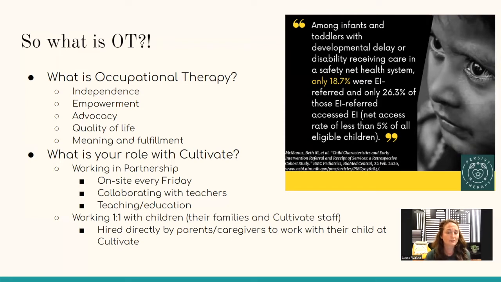And this looks different for each child depending on their specific abilities, and obviously differs as children go through different stages as well. So with babies, some developmental milestones that you might think of, and developmental milestones are when we're finding independence and finding function in our everyday life. So that's kind of how you can think about independence, as meeting developmental milestones. So babies are kind of the easiest to think about.